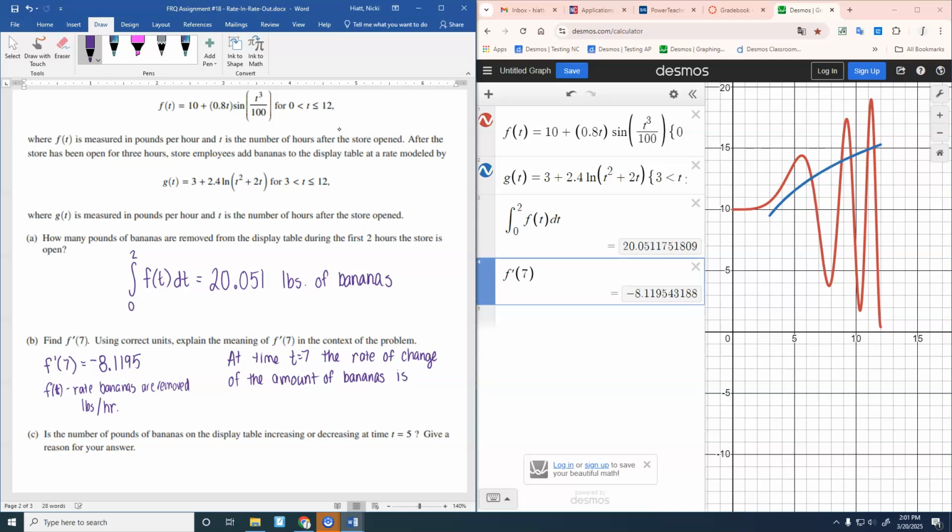is it going to be increasing or decreasing? Decreasing, since we got a negative, is decreasing, and this is very important. The rate of change is decreasing at a rate of 8.1195 pounds per hour, or you could say pounds per hour squared.